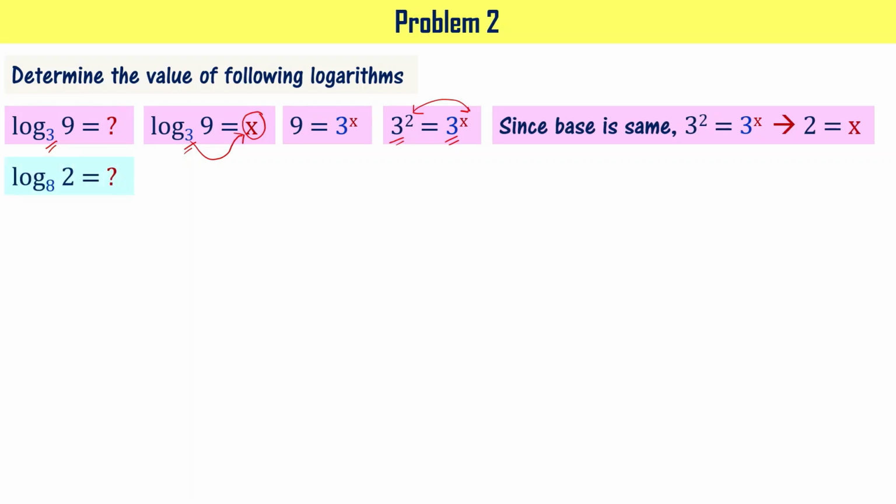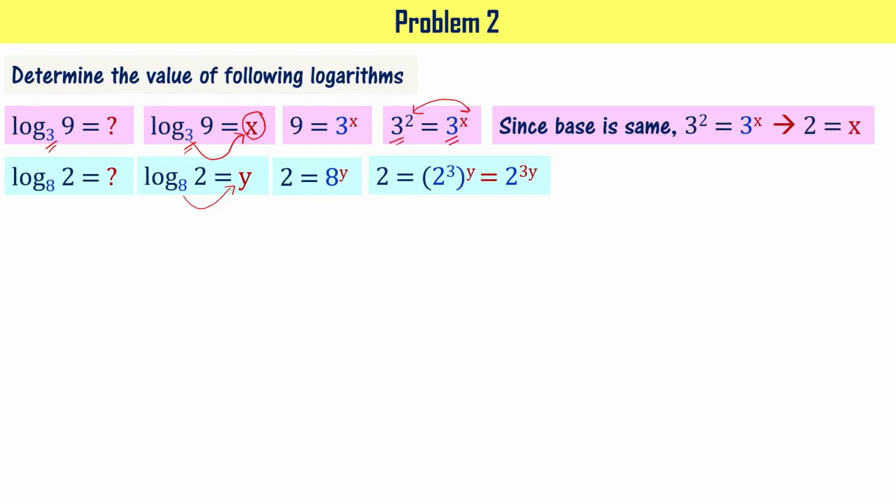Log 2 of base 8 is what is the question? I'm writing it as y, and this base, when I rearrange it, this base goes as base for y and y becomes power. When you rearrange it, you will be writing 2 equal to 8 power y, right?